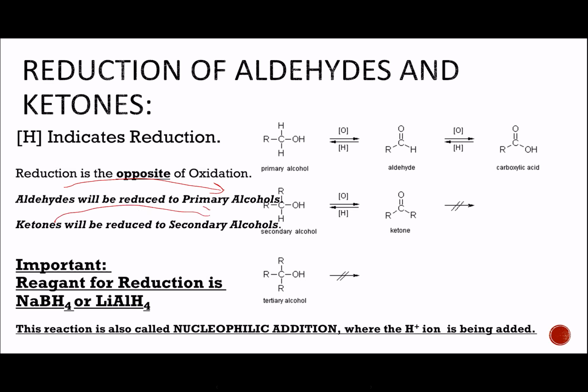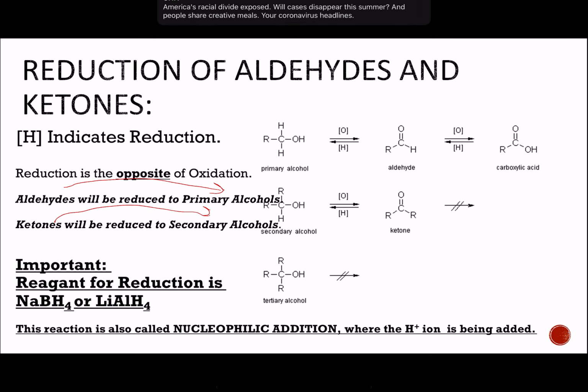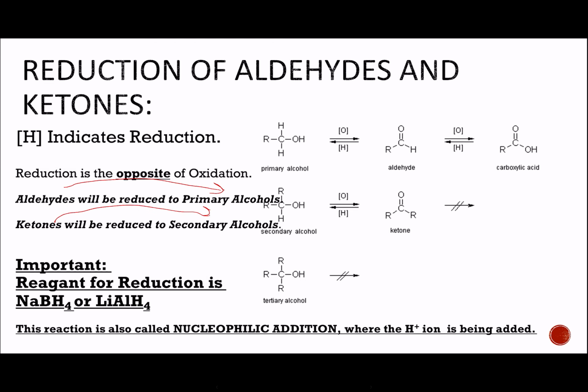Ketones will go back to secondary alcohols, which makes sense because if you have this, and reducing is adding hydrogens, you add a hydrogen here, you have to take away this bond, and you add a hydrogen here, and you go back to a secondary alcohol. This type of reaction is also called a nucleophilic addition, where you're adding H+.